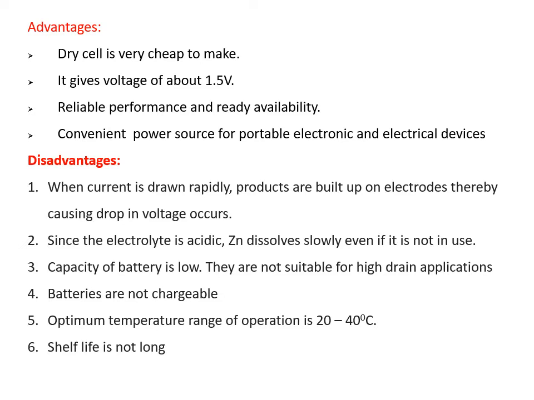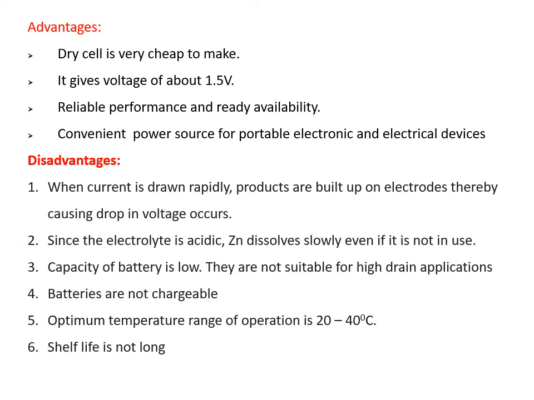Disadvantages of a dry cell. When current is drawn rapidly, products build up on the electrodes, thereby causing a drop in voltage. Since the electrolyte is acidic, zinc dissolves slowly even if it is not in use.